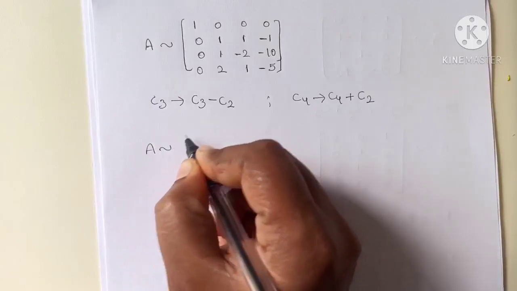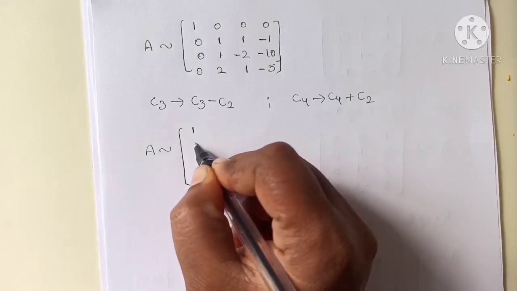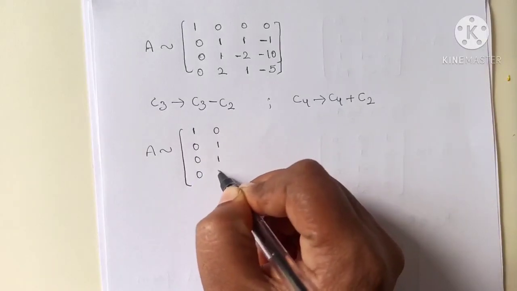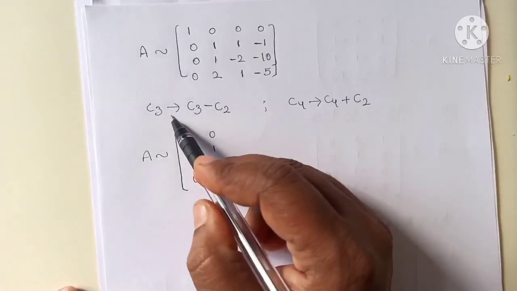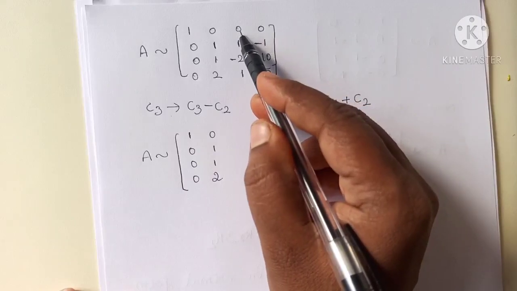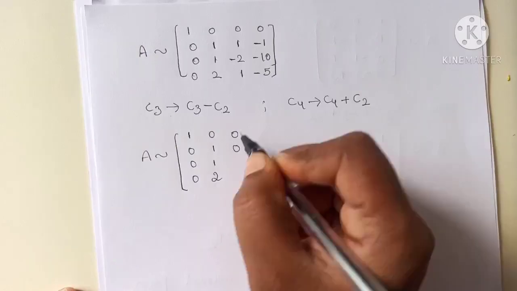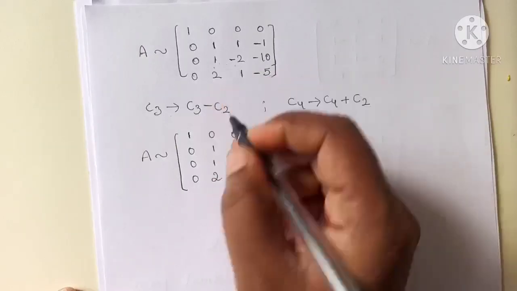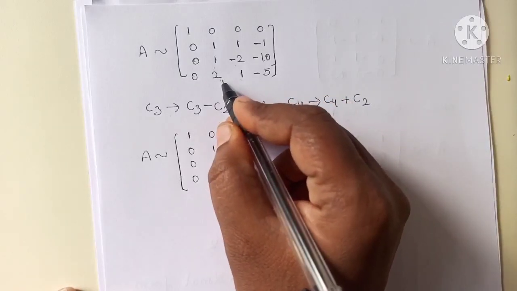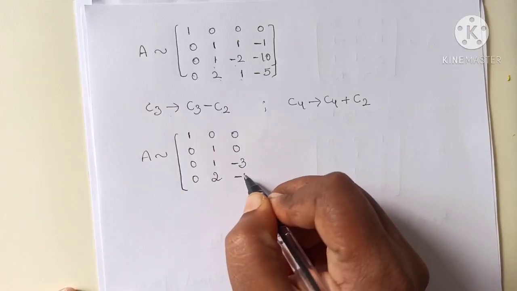Therefore, A is equivalent to first C1 as it is, and C2 also as it is. Now, C3 equals C3 minus C2, that is 0 minus 0, 0, 1 minus 1, 0, minus 1 minus 2, we get minus 3, 2 minus 1 equals 1 minus 2 equals minus 1.